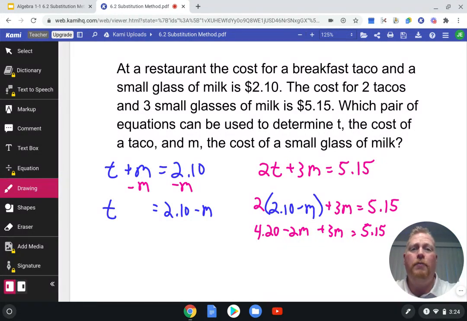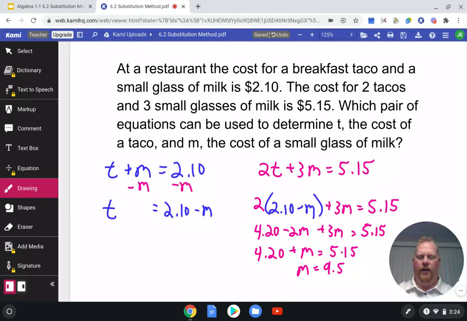The negative 2M and the positive 3M just makes 1M. Subtract the $4.20 from both sides, and I get not 9.5, 0.95. So that tells me that 1 glass of milk costs 95 cents.